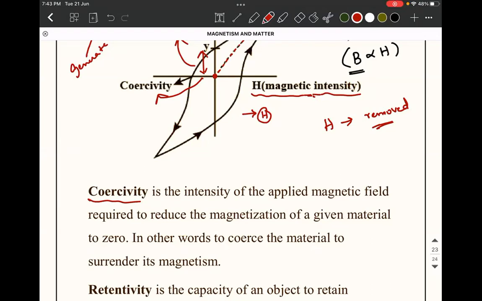Coercivity is the intensity of the applied magnetic field required to reduce the magnetization of the given material to zero.